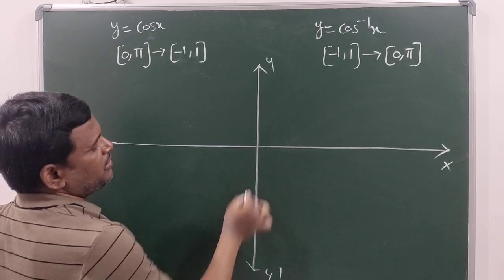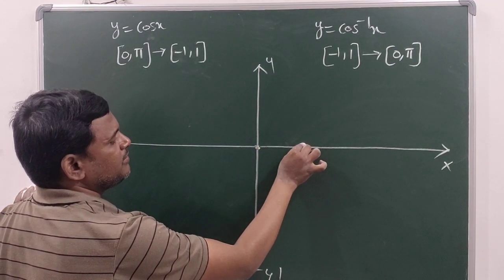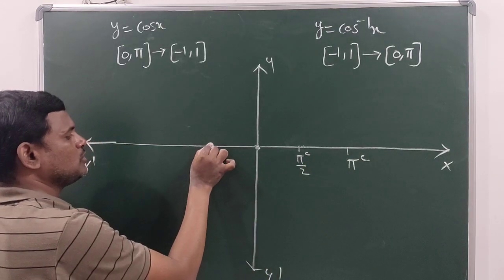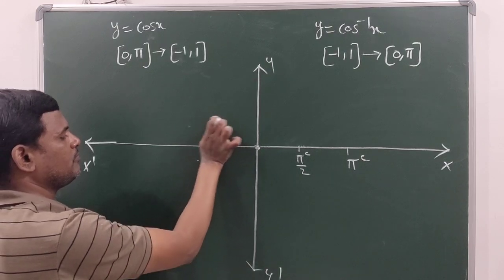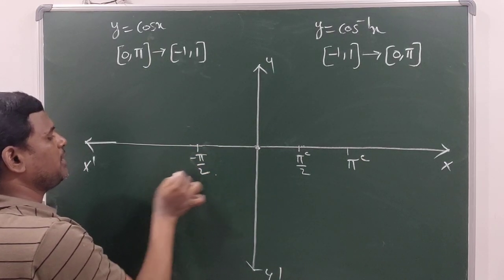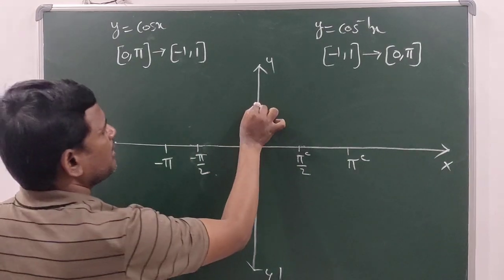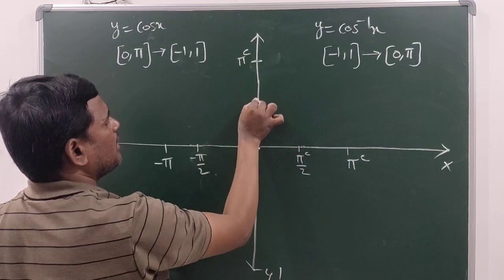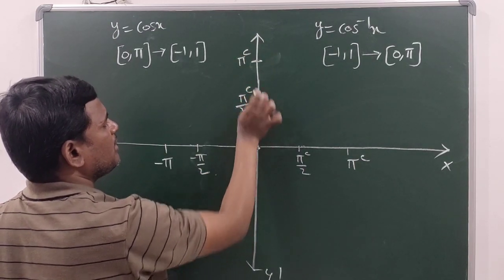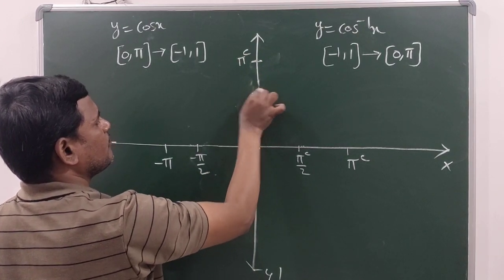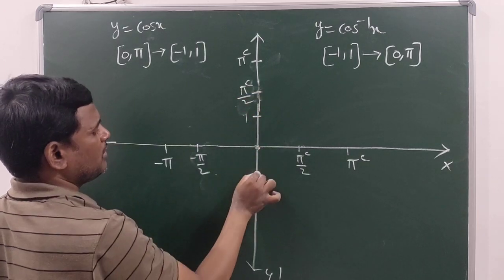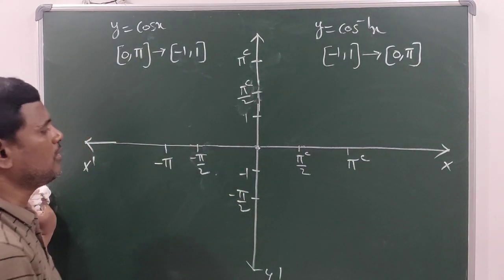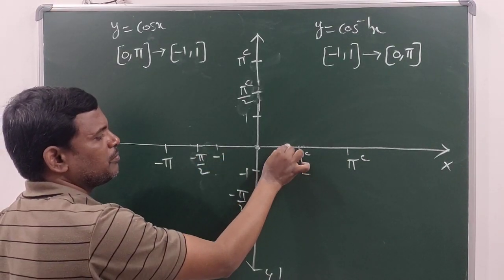Here you can take 90, and here pi, and also minus pi by 2, and minus pi. Here 1 and here -1, and minus 90.